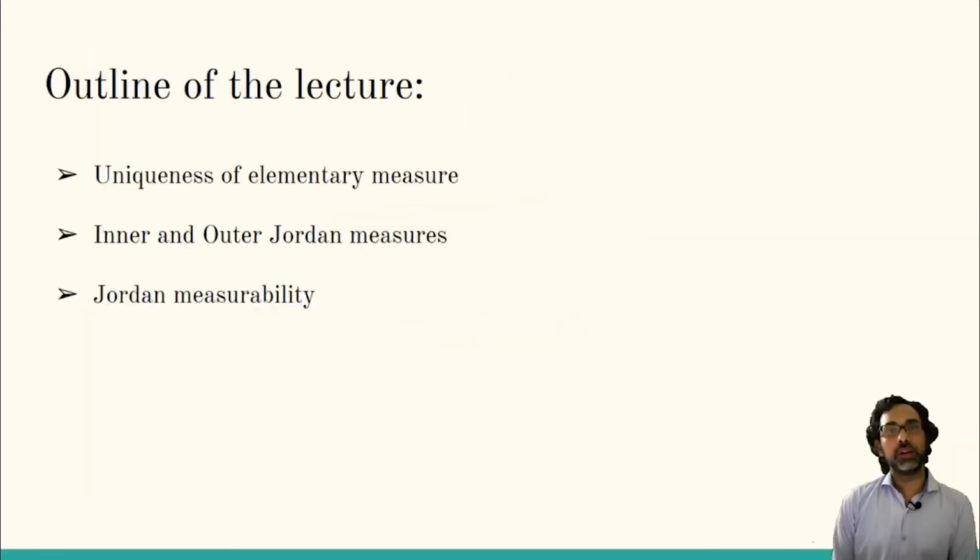So in this lecture, first before going to the inner and outer Jordan measures, we will see that the way we have defined the elementary measures on elementary subsets of Rd or Rn, if you have any other map which assigns a non-negative numerical value to an elementary subset of Rn, which also satisfies translation invariance, non-negativity, and finite additivity, then it is related with the elementary measure, but up to multiplication by a constant.